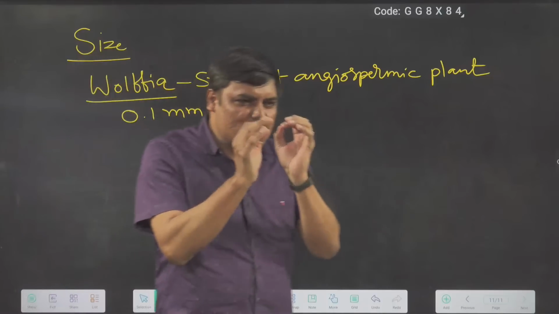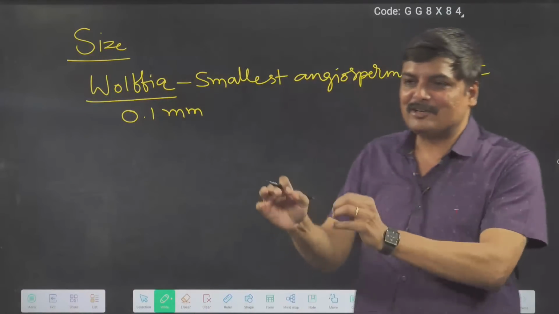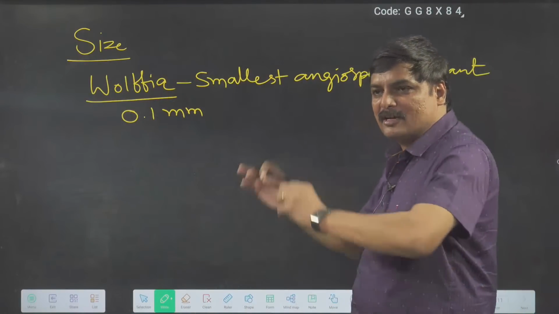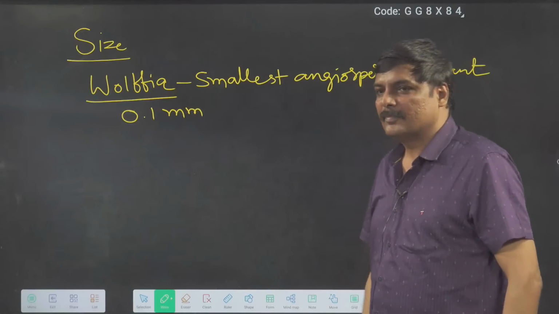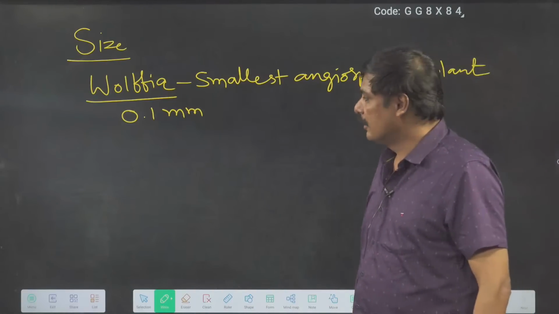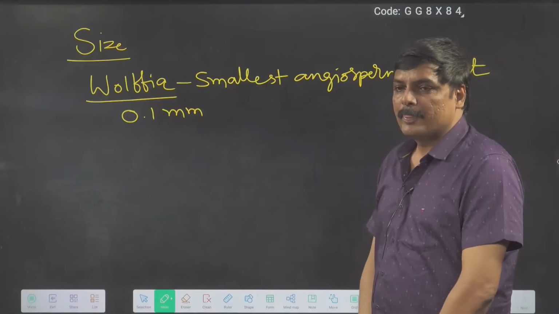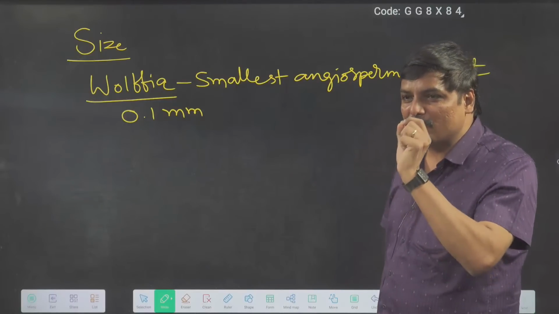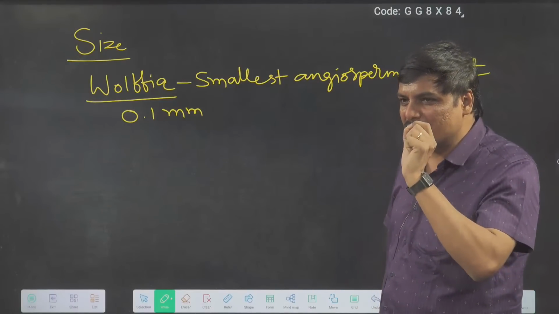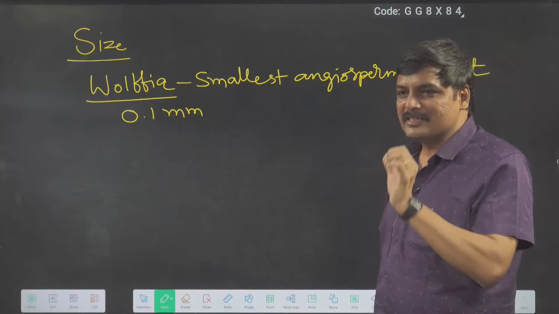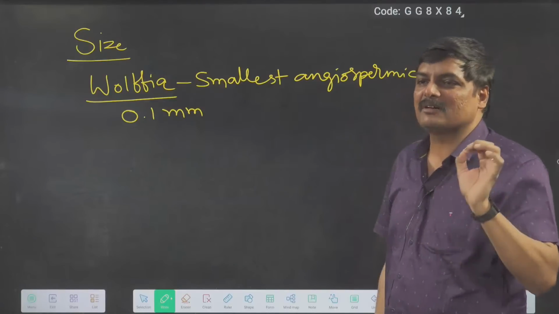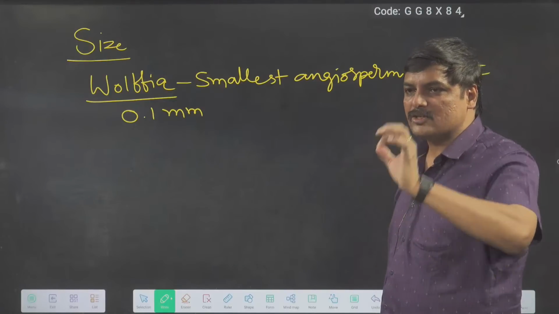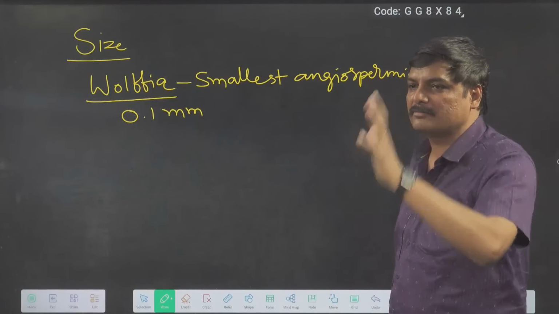Such a microscopic plant. This is also an angiospermic plant. This also produces flowers. Understand? This is the smallest flowering plant. This is an aquatic plant. This plant does not have a root system. It is a rootless, smallest angiospermic plant.